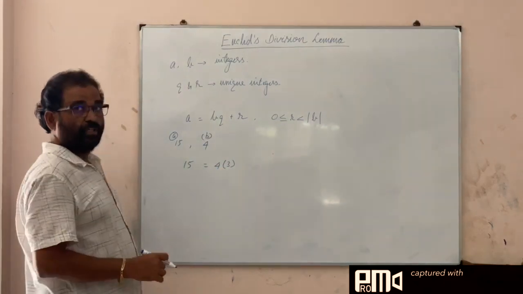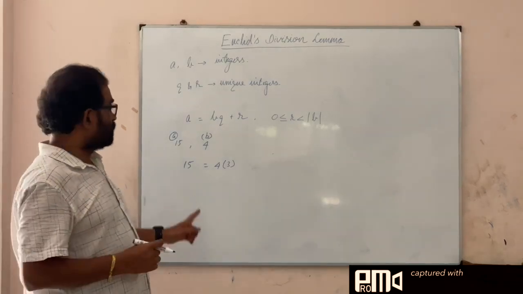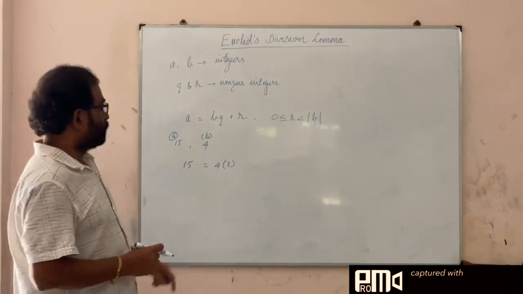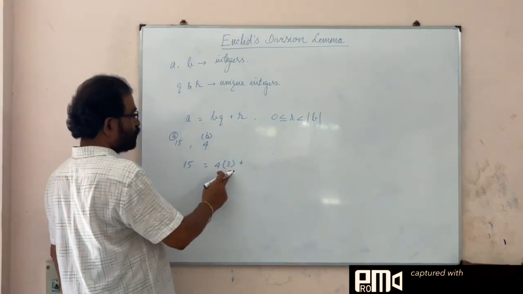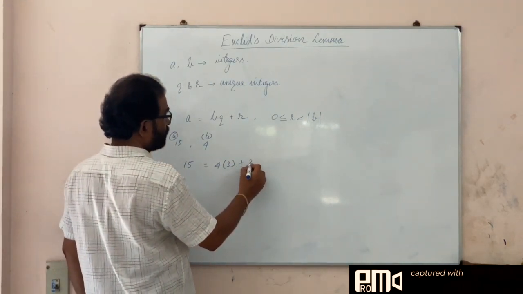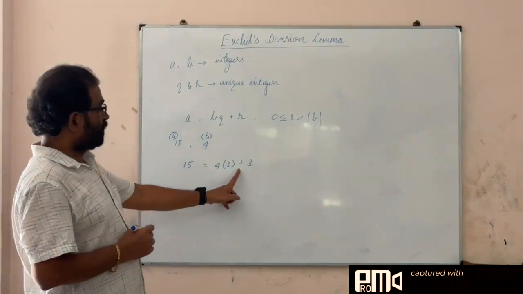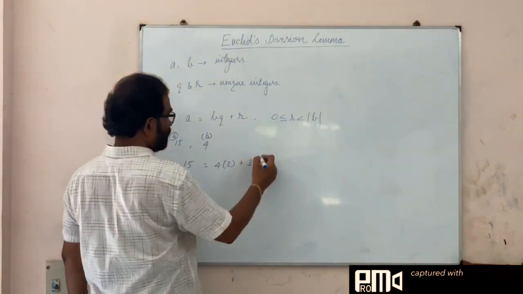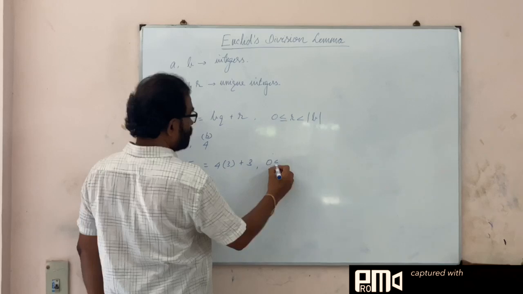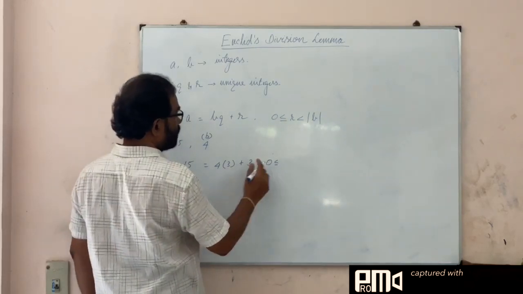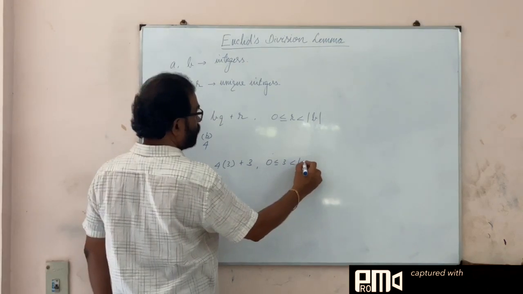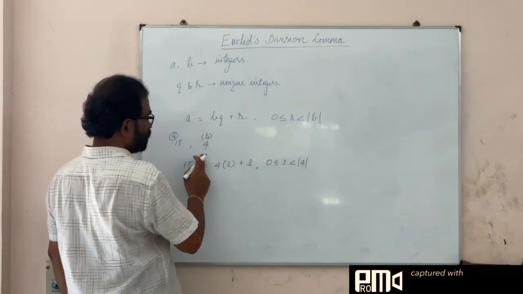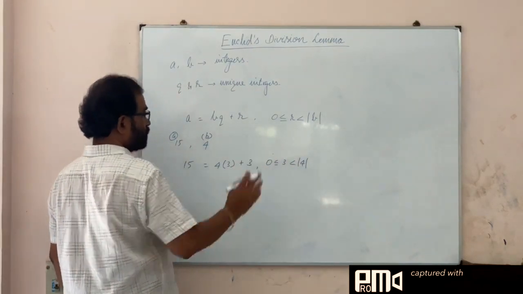You cannot write 4 into 4, because that becomes 16. So 4 threes are 12, and the remainder must be 3. So 4 into 3 plus 3. Here you can see the condition is satisfied: 0 is less than or equal to the remainder 3, which is less than modulus of 4.